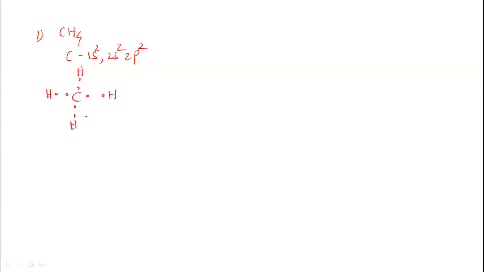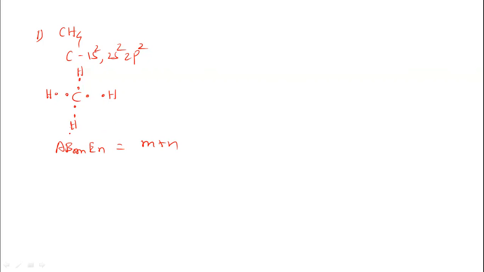So to find out the steric number, the molecule is ABmEn, and steric number is m plus n here. Now actually this molecule does not have any lone pair of electrons.